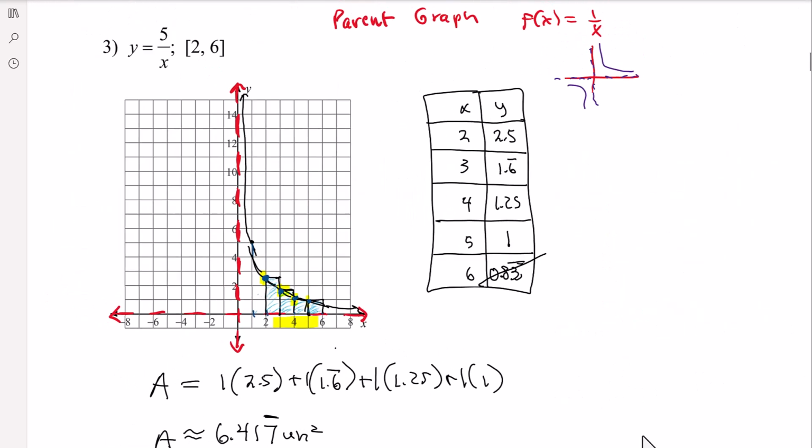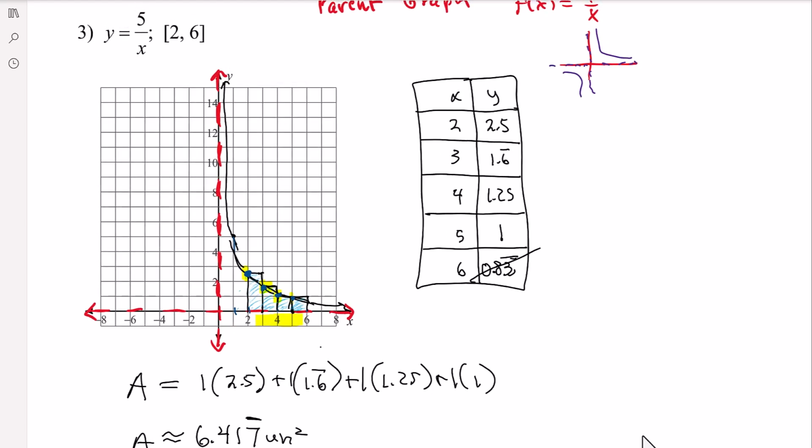Okay, so this one for number 3 is a rational graph. I went ahead and pre-did it, have my table of values. We care about the values from 2 to 6, so I went ahead and put those heights in the table, right?